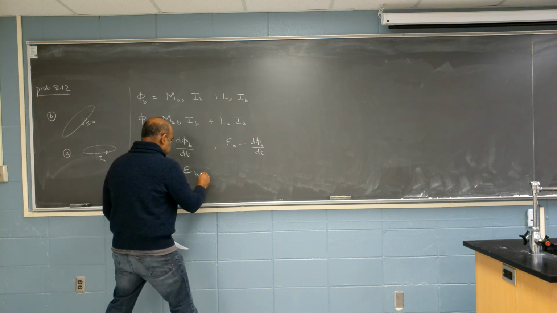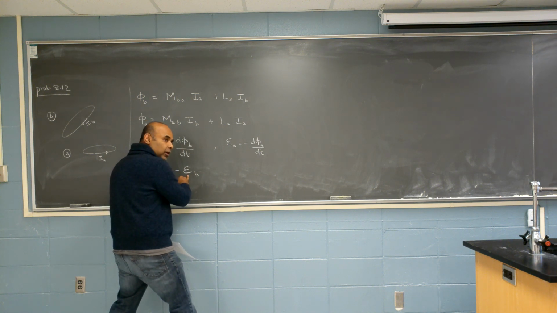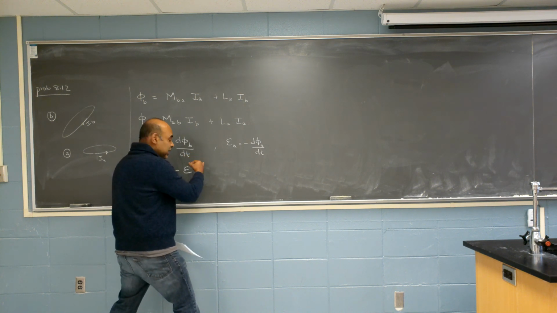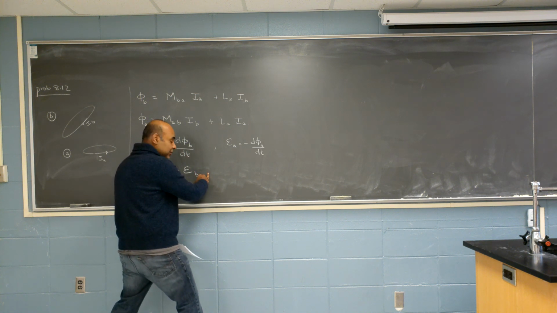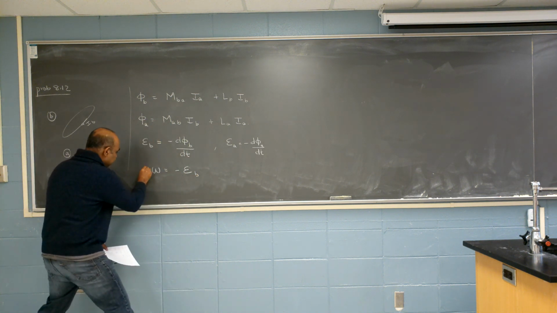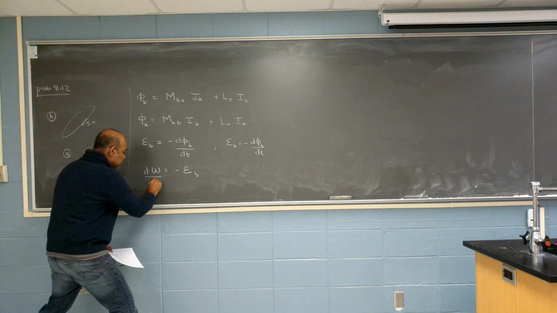And also, this is EMF, so that's work done per unit charge. So then I need to do unit charge. I don't know what the charge in there is. I just know what the current in there is. So what I could do is make it a current.